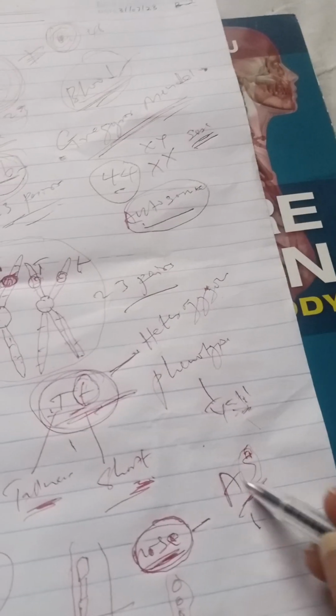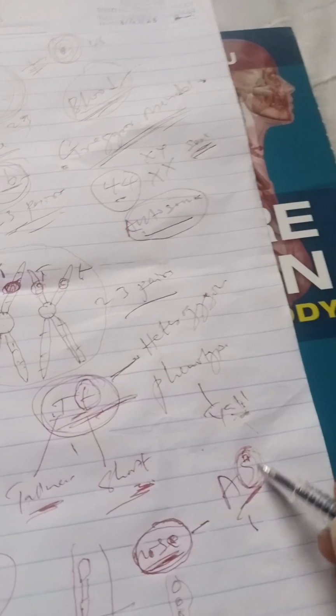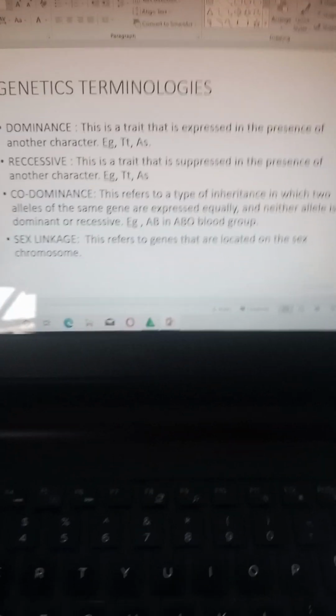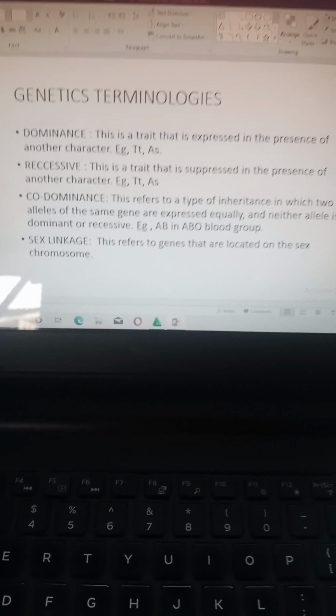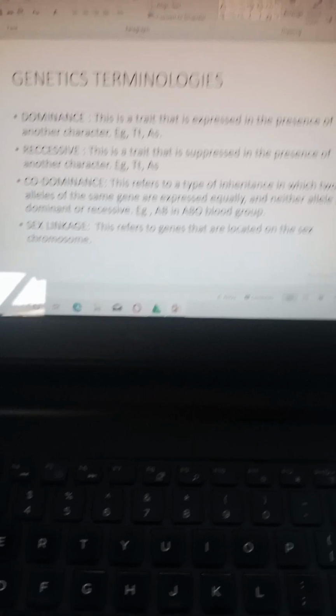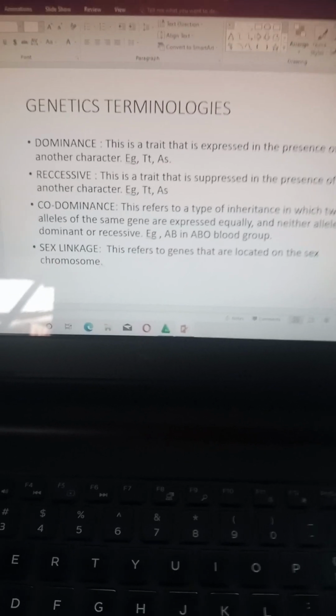An AS person is normal, but in his or her gene, he or she is a carrier of sickle cell. So the sickle cell that is not expressing itself is recessive, which can later be passed on to the next generation and can become dominant there. That's why you see in the example there, you see Tt and AS.